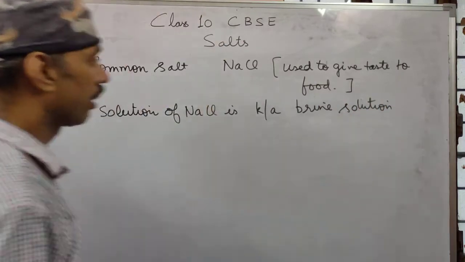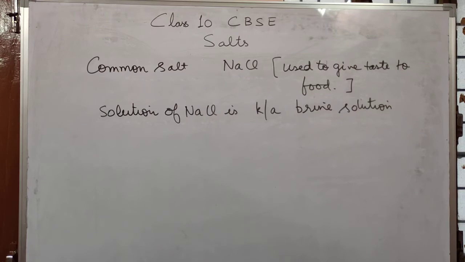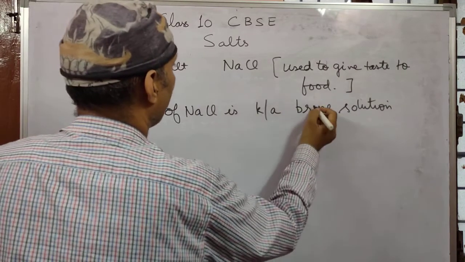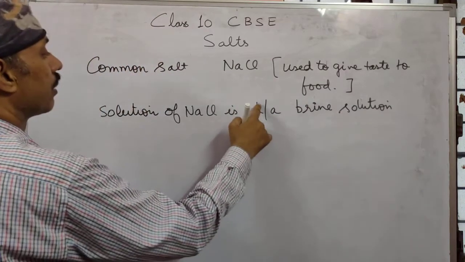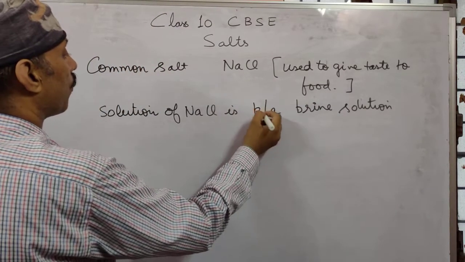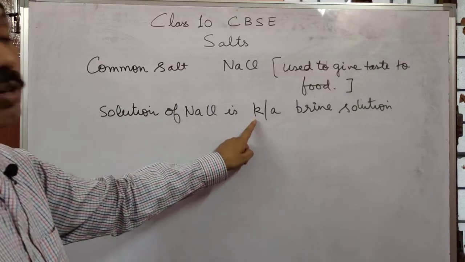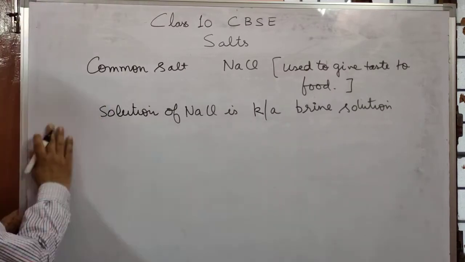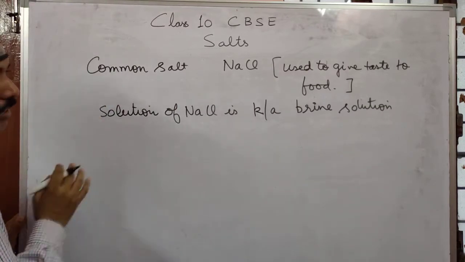Now there is a very interesting reaction which happens. So many things can be prepared from this sodium chloride. ये वाला dot यहाँ नहीं होगा, ये यहाँ होगा. So solution of NaCl is known as brine solution.